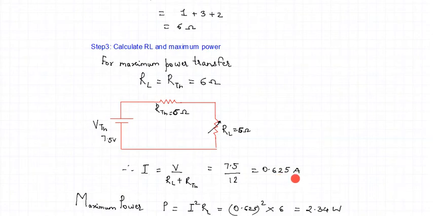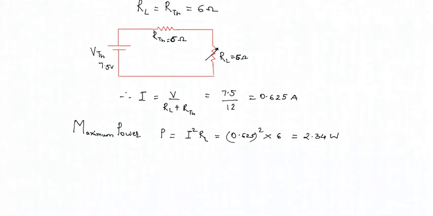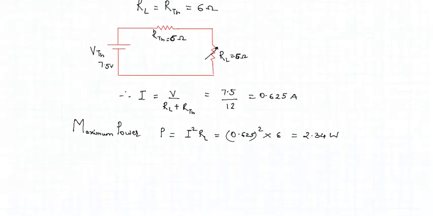Once we know the current that flows through the load resistance, we can find the power, which is I square into RL. So taking the square of 0.625 into RL, the maximum power that is delivered to the load is 2.34 watt. So with RL taking the value of the source resistance, maximum power is delivered to the load, which is 2.34 watt.